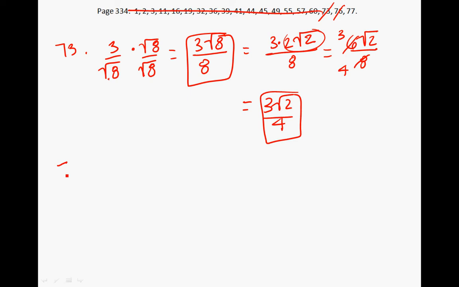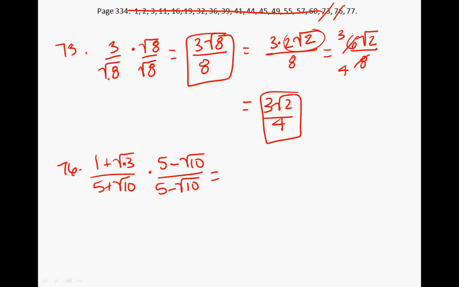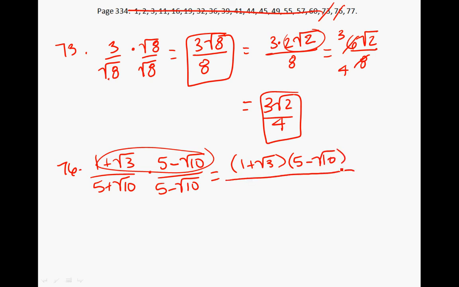Okay, 76, we have 1 plus root 3 over 5 plus root 10. I'm going to multiply by the opposite of the denominator, so it's 5 minus root 10 over 5 minus root 10. So in the top, for right now I'm just going to leave it like that. Okay, and then in the denominator, you have 25 minus 10.